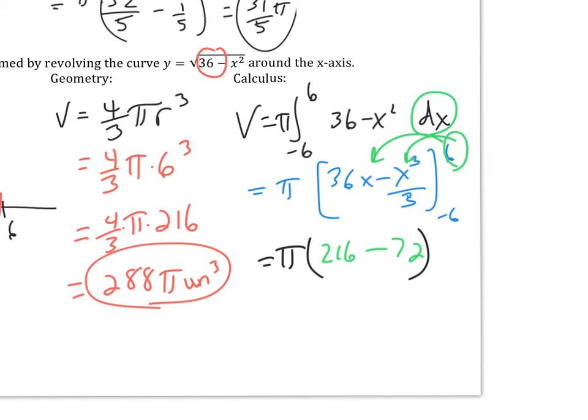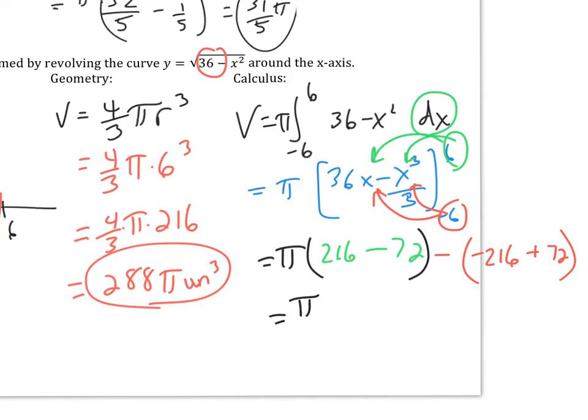And then I'm going to go ahead and substitute a -6 in for my x here and here. And I'm going to get a minus 36 times -6 is -216. And then -6 cubed divided by 3 gives me -72. I'm subtracting a -72, so it ends up with a positive 72.